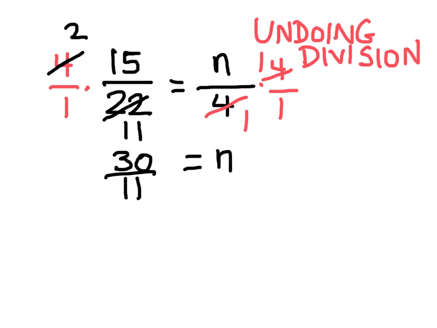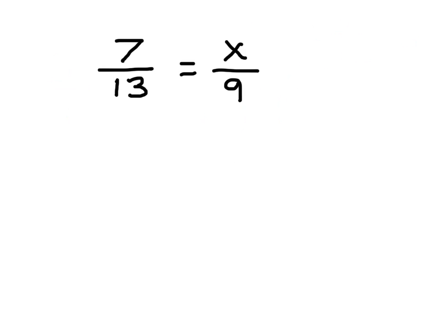All right, here's a third example. Why don't you go ahead and pause the video at this time and work out the answer and then restart your video. Welcome back from pausing the video. I'm going to use undoing division by multiplying both sides by 9.